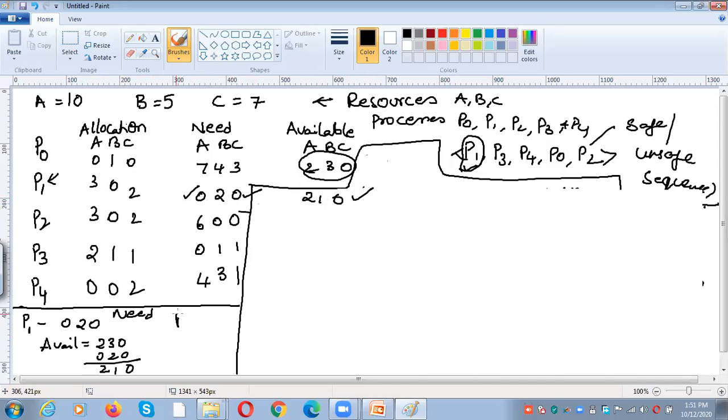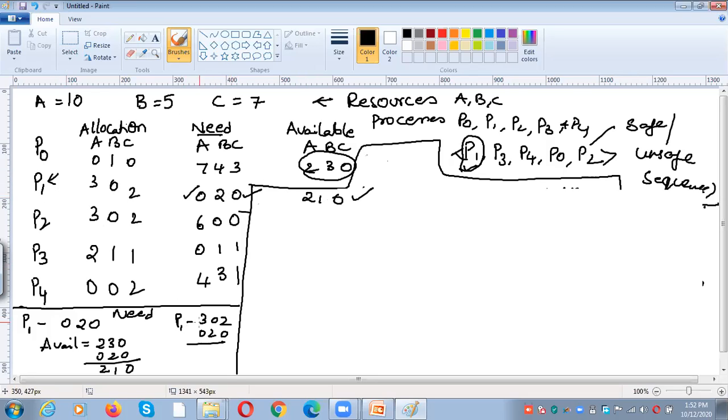Earlier you had given 3 0 2 to P1. Now you are allocating 0 2 0. Do you get my point? This is the allocation. Earlier it was already allocated, and currently it still requires 0 2 0, so you need to allocate this also to P1.